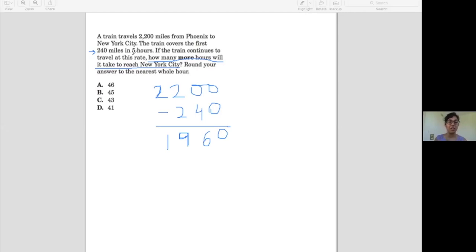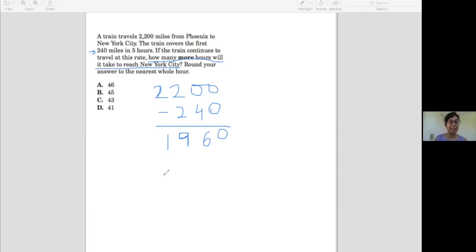So that relationship, the ratio of hours to miles, is going to be the same. No matter how many miles I travel, the number of hours is going to grow in a way that's proportionate to the number of miles.